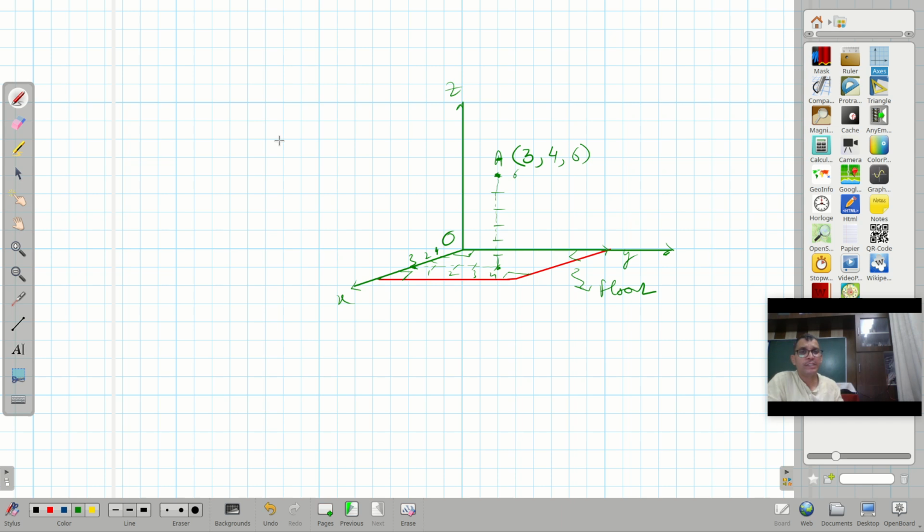So this is R, the position vector, and it is represented by 3, 4 and 6. So I moved 3 steps along x-axis plus 4 steps along y-axis and 6 steps along z-axis.